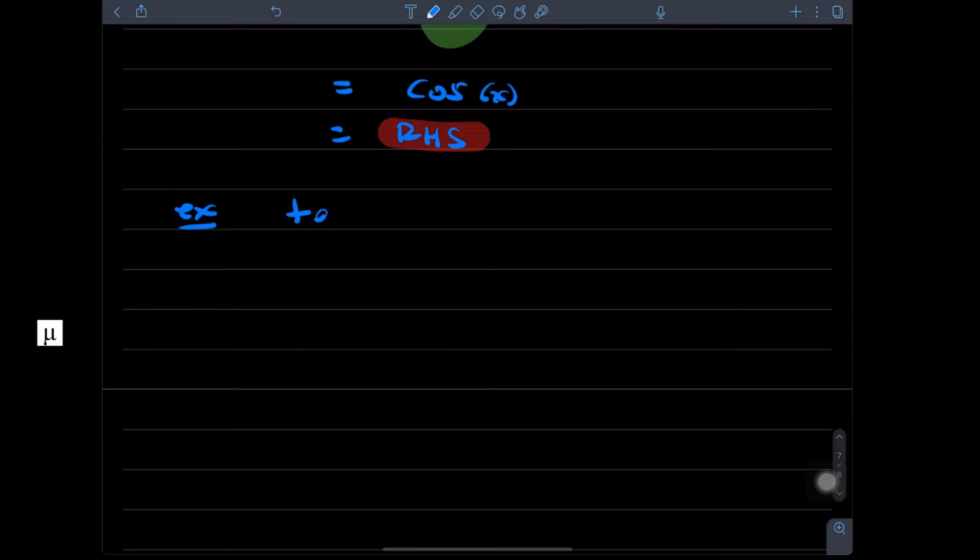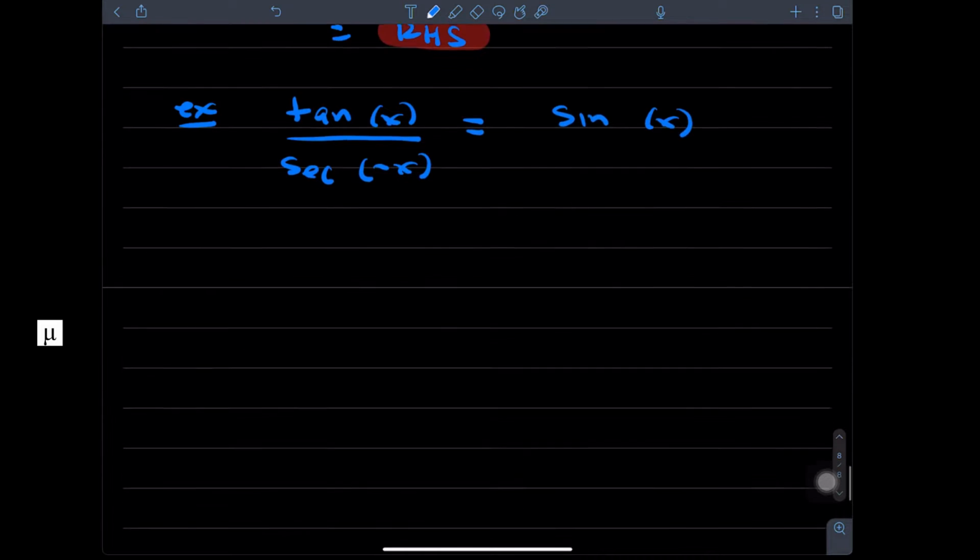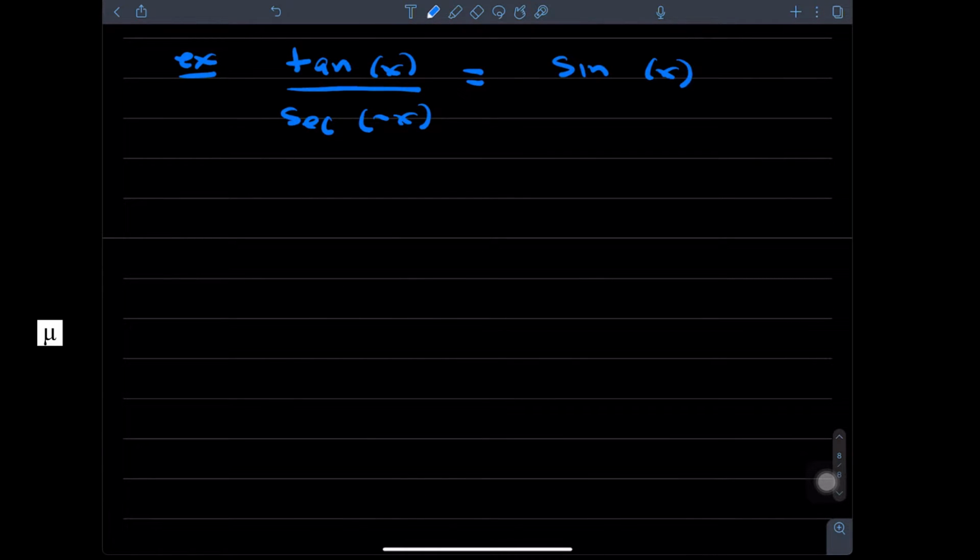And then, if they give you some of these, tangent over secant minus x is the same as sine. Okay?